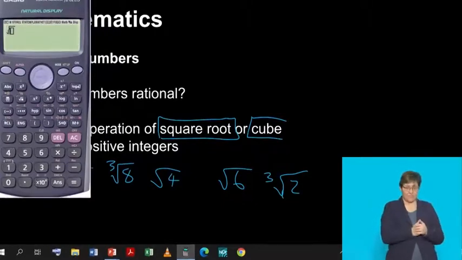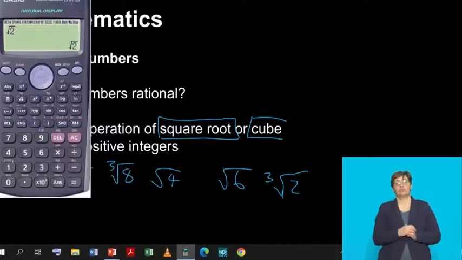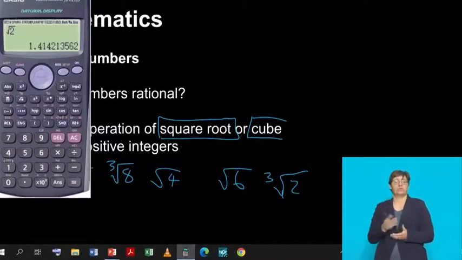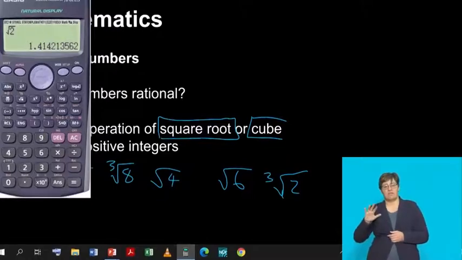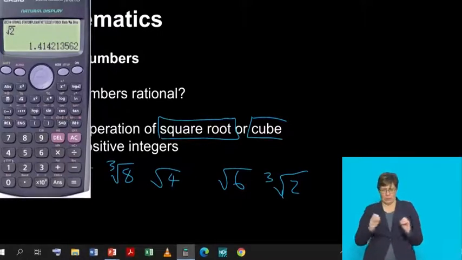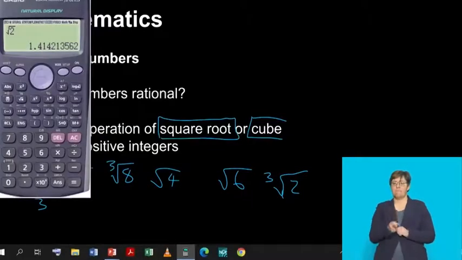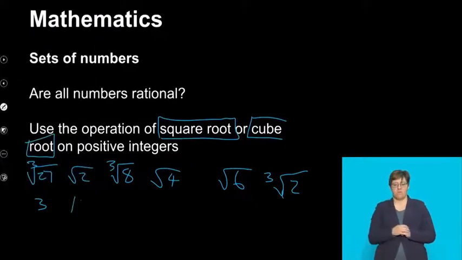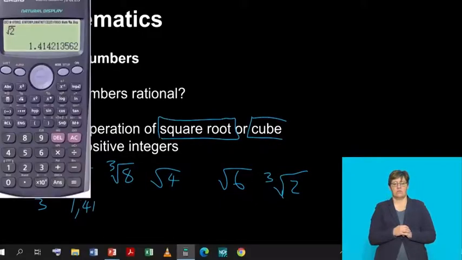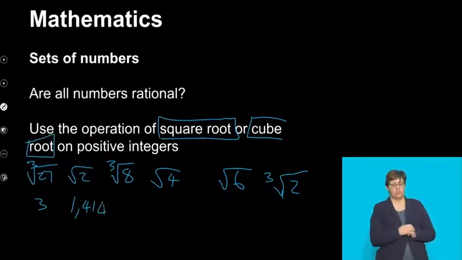And then I also have a square root of 2. If I want the answer, there are a lot of digits here. So this will be 3, and this we found to be 1.4142423.